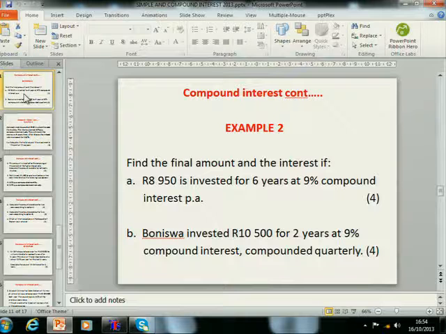So now this one is straightforward. It's not compounded yearly or anything, quarterly or monthly or anything. It's just compound interest per annum.